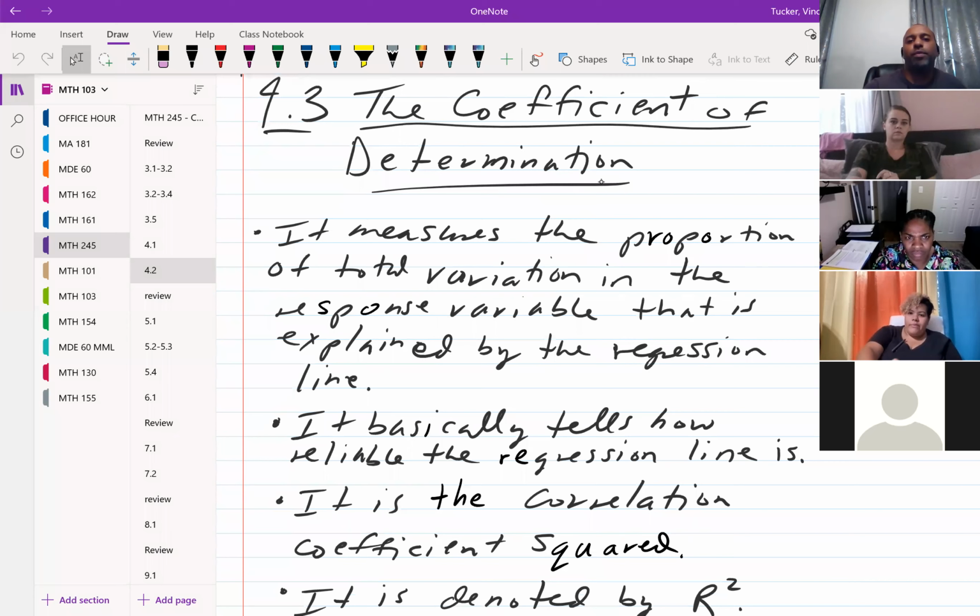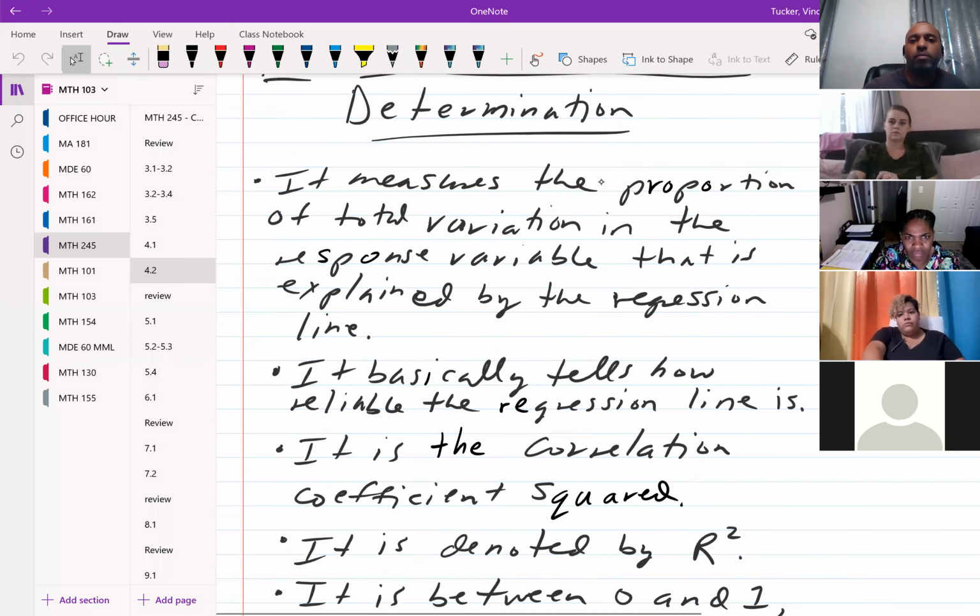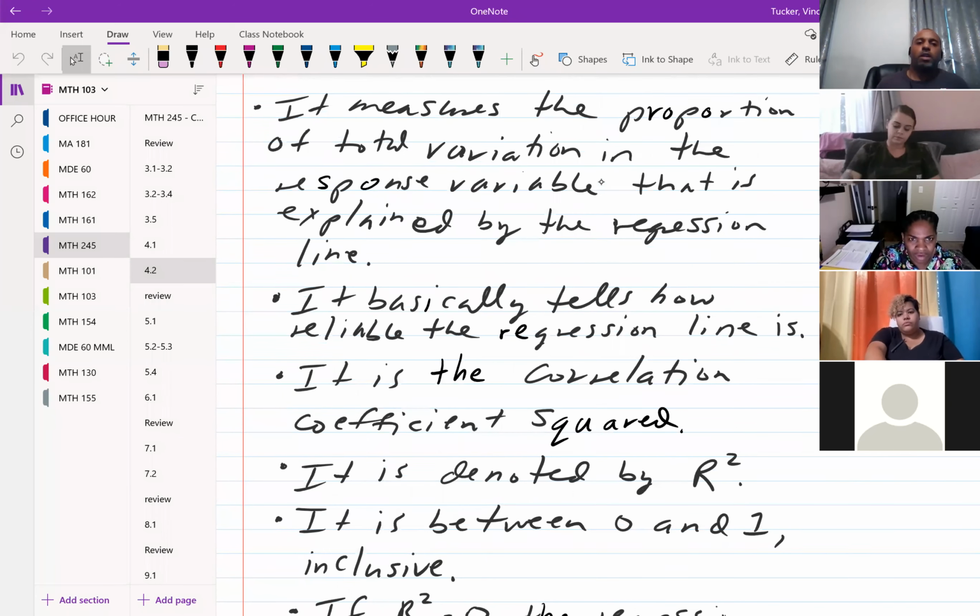All right, so the coefficient of determination. It measures the proportion of total variation in the response variable that is explained by the regression line. It basically tells how reliable the regression line is.